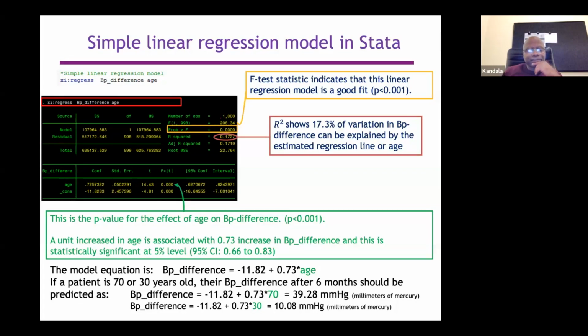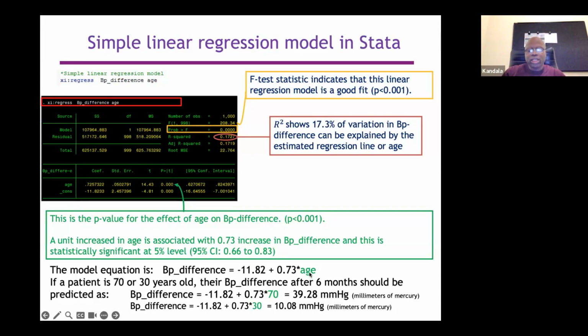Assuming that a patient is 70 years old or 30 years old in our next sample, we will only know the age of our patient, and we can predict the blood pressure difference with our equation.